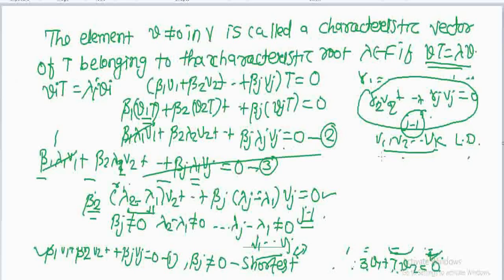This means that the assumption that v1, v2, ..., vk are linearly dependent is false, and hence v1, v2, ..., vk are linearly independent. Hence whenever lambda 1, lambda 2, ..., lambda k are distinct characteristic roots of T, the corresponding vectors v1, v2, ..., vk are linearly independent.